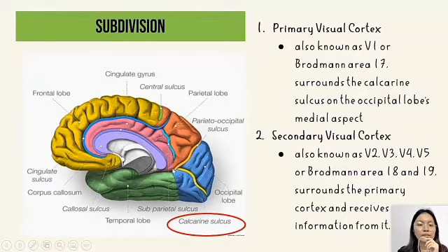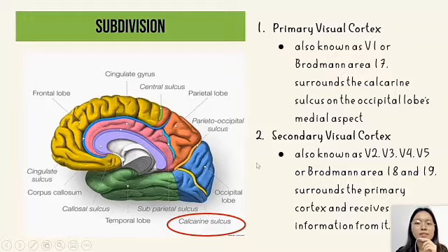Now let's look at the diagram. Look at the area of the occipital lobe colored in blue. In this occipital lobe, you can see a yellow lining called the calcarine sulcus. The primary visual cortex, also known as V1 or Brodmann area 17, surrounds the calcarine sulcus on the occipital lobe's medial aspects.